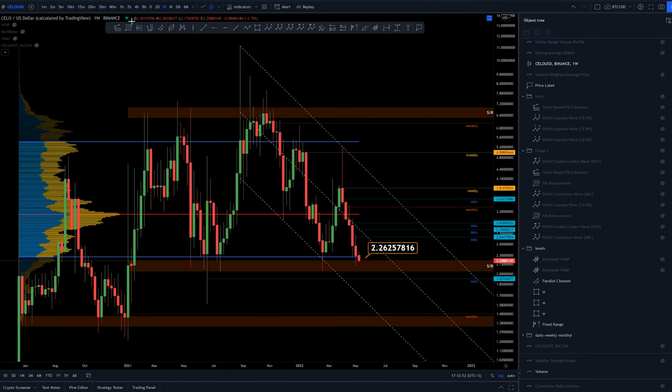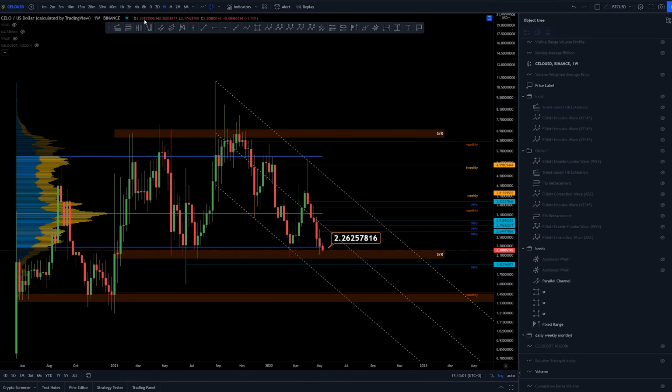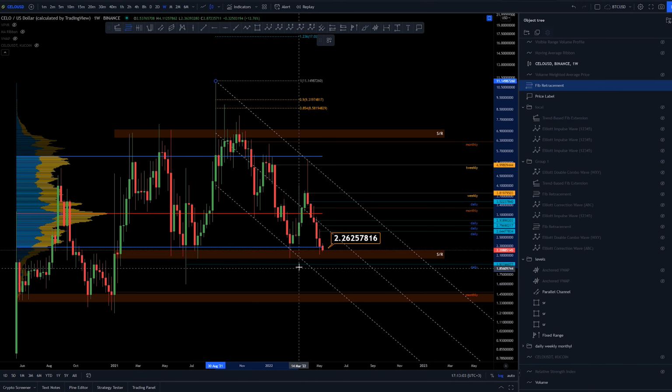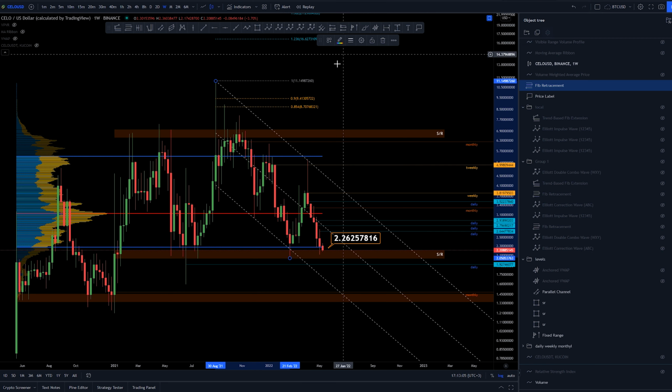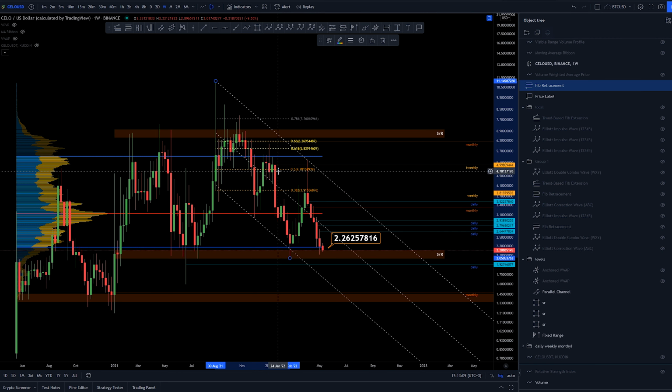So, do we have anything interesting here? Let's take a look. There are multiple ways to draw these fibs. Currently I'm just placing it here to see where we have had the interesting levels.